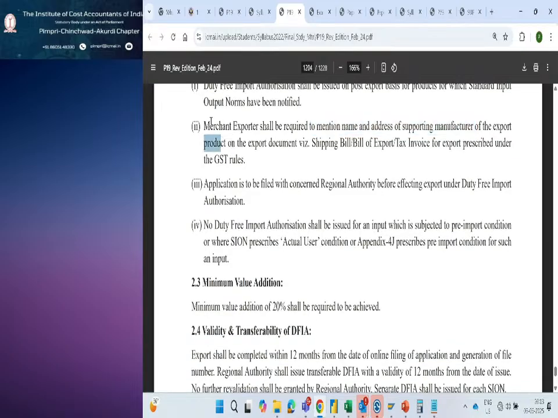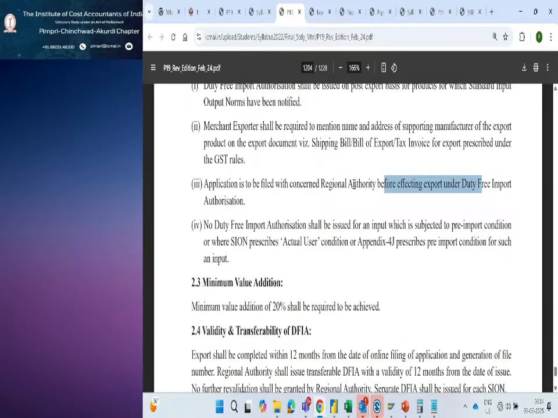In the advance authorization scheme also we have seen the eligibility is manufacturer exporter and merchant exporter, the merchant exporter who is tied up with the manufacturer exporter. Same here, the merchant exporter is required to mention the name and address of the supporting manufacturer with whom he is tied up, via shipping bill or bill of export, and the application is filed with the regional authority before effecting export.